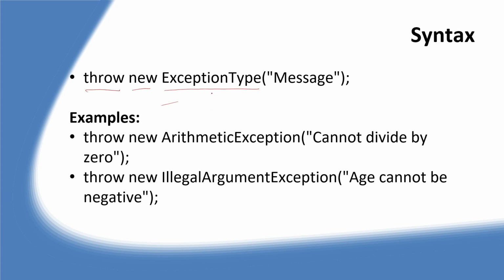So what type of object, which exception class object you want to throw, that particular exception class. It can be ArithmeticException, it can be ArrayIndexOutOfBoundsException, it can be NullPointerException, whatever it is based on our requirement. And we should give some meaningful message based on business requirement.